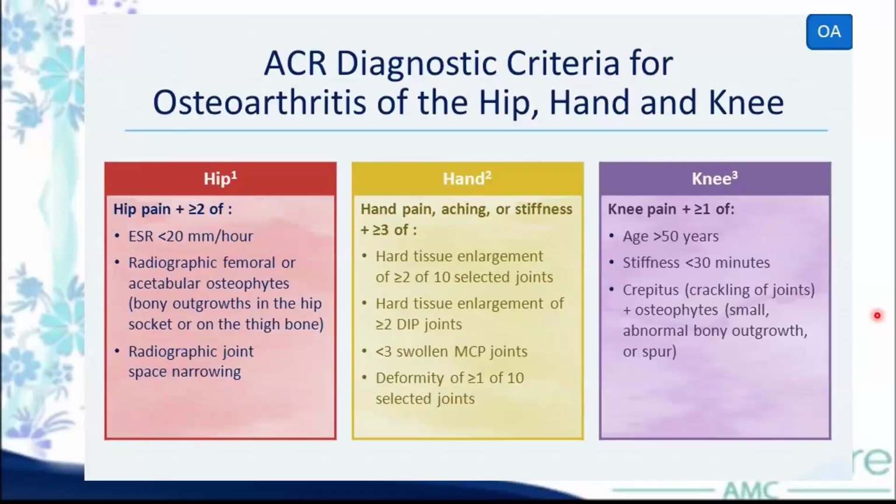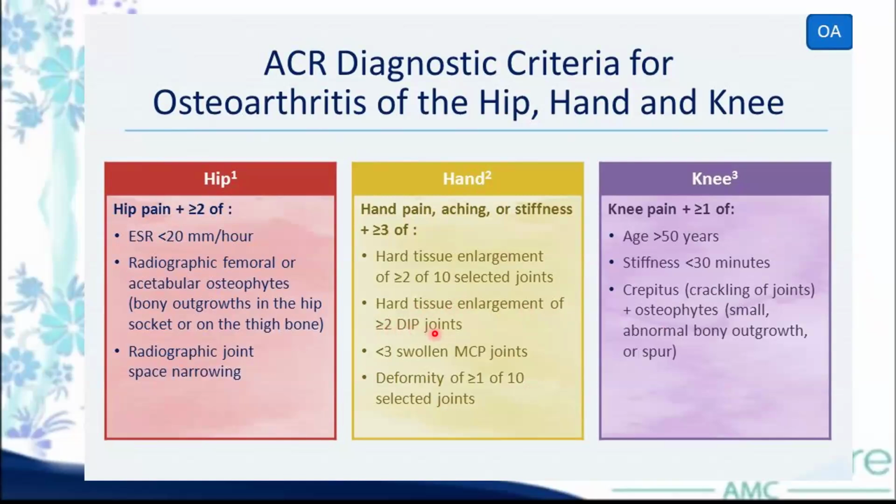This is from the ACR guideline. You don't need to know the details in here. I've just put this so you know there can be osteoarthritis of the hip, hands, and knees. We have particularly gone through the hand: hard tissue enlargement of 2 or more distal interphalangeal joints.